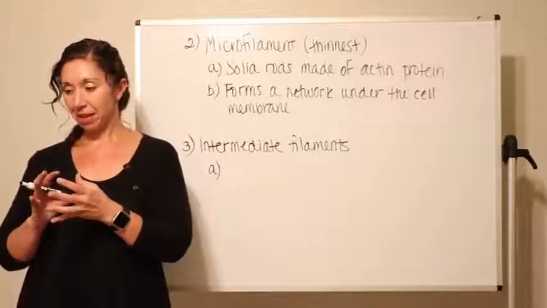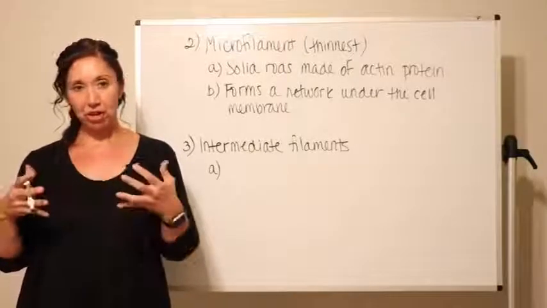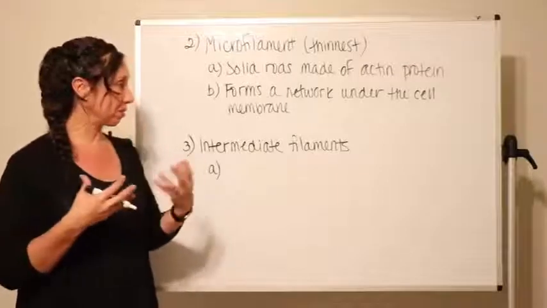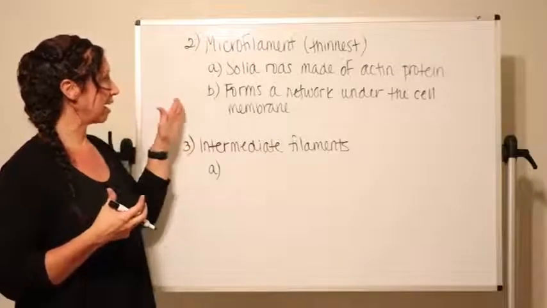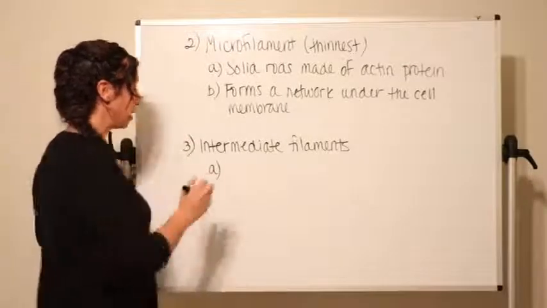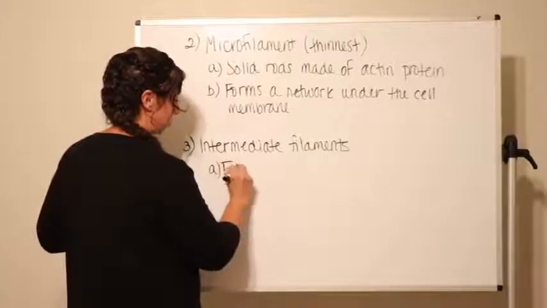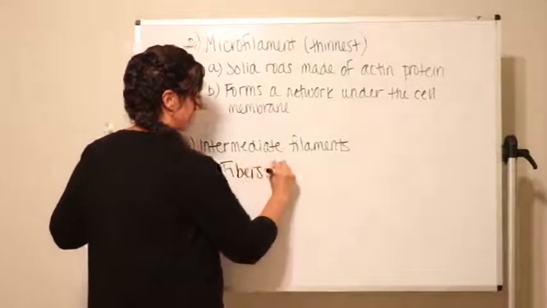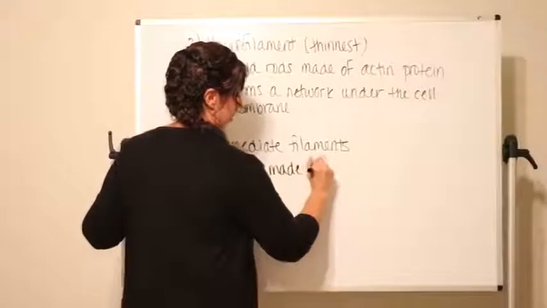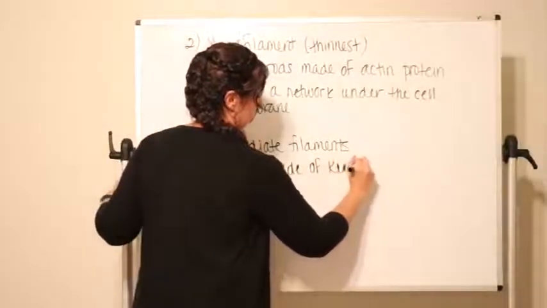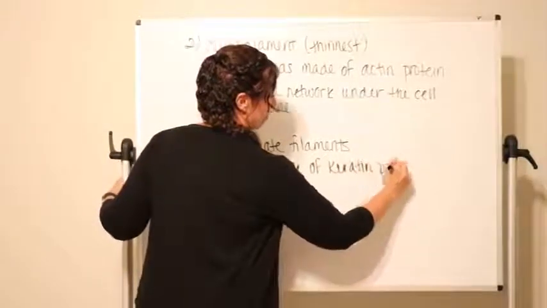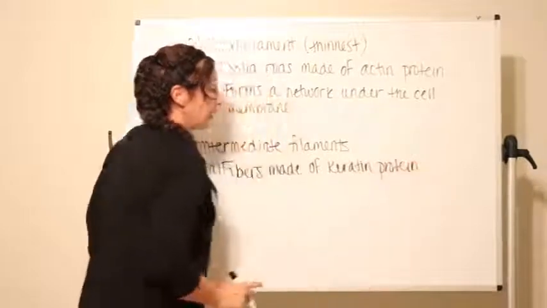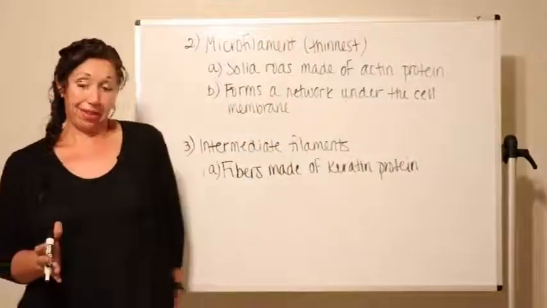They don't shrink or compress, or grow and shrink like actin and microtubules do. So these are fibers made of keratin protein. Now, these are very plentiful inside the cell as well.